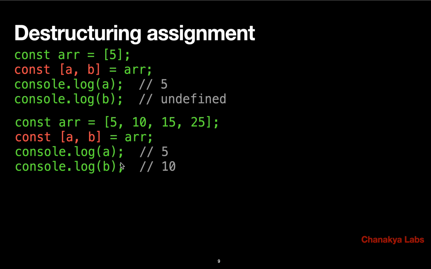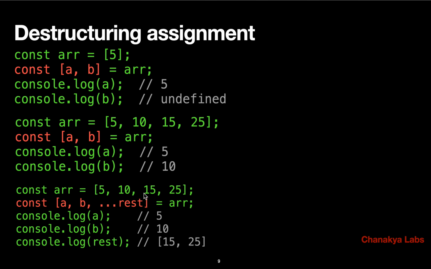But let's say you don't know how many values there are. Let's say 5 values are there, and you know that the first one you have to take in a, and the second one in b. After that I don't know whether it is 5 or 6, whatever it may be, but I want to still capture them and group them all together. So you can use a syntax something like this.